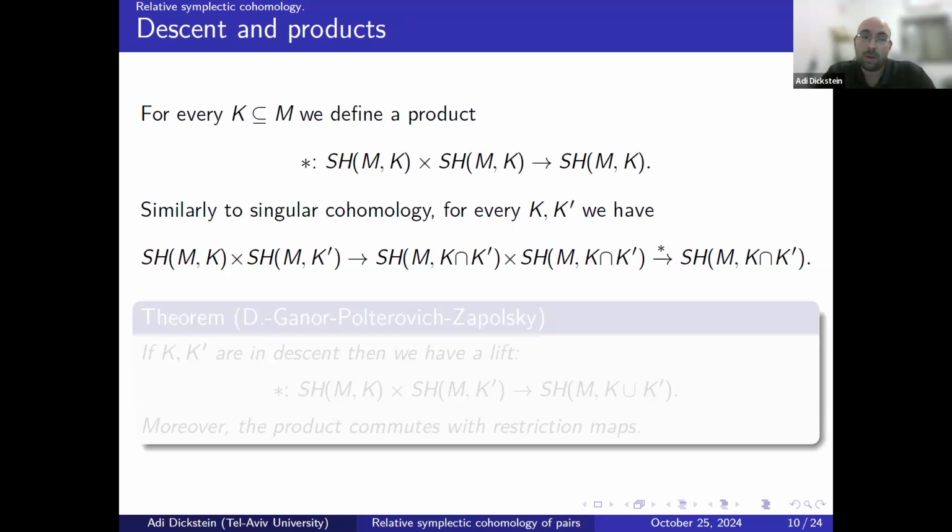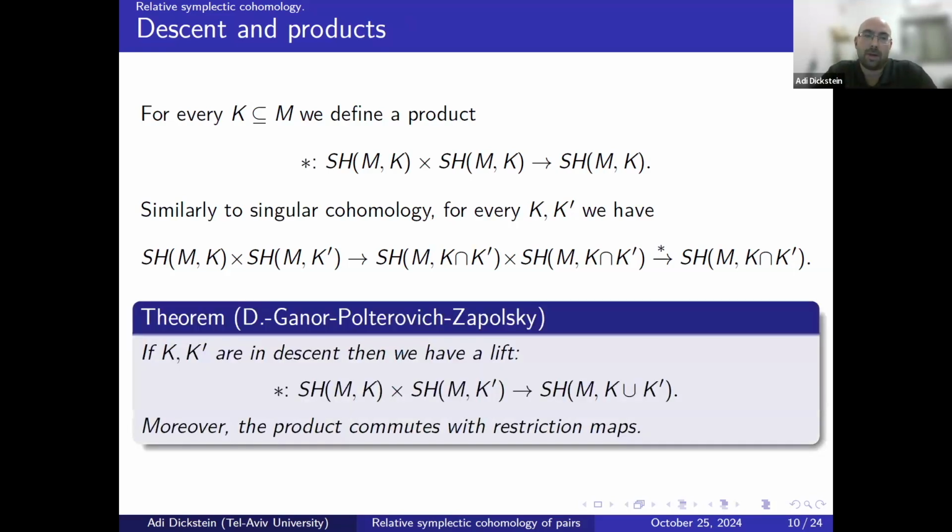And we proved that if K and K prime are in descent, then we can upgrade this product so that the target will be the relative symplectic cohomology of (M, the union). We also prove that this product commutes with the restriction maps.